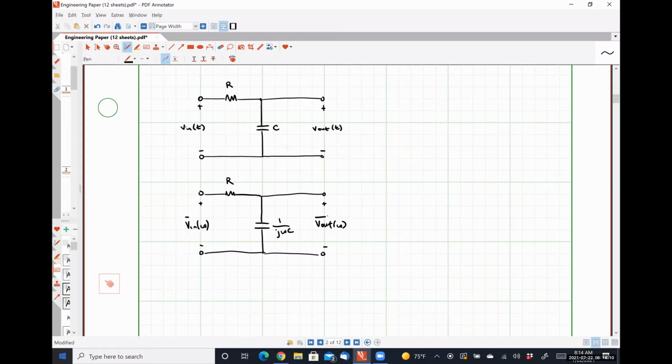The transfer function of this particular circuit, H of omega, is defined to be the ratio of Vout divided by Vin. So the transfer function is very similar to the gain equation for our op amps, but we have some implicit frequency dependence here.